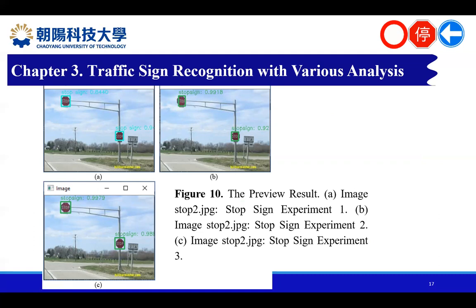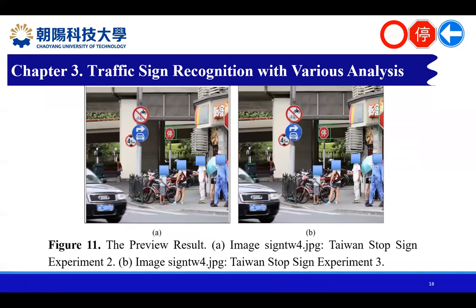As we can see here, experiment 3 gets the highest accuracy and can detect multiple images compared to other experiments. This is another result, for experiment 2 and experiment 3. And here, still experiment 3 gets the highest accuracy.